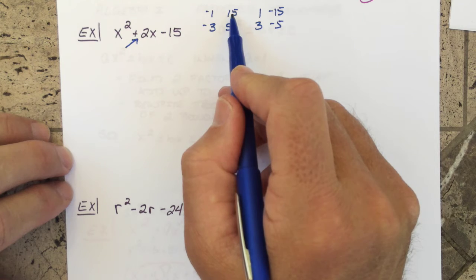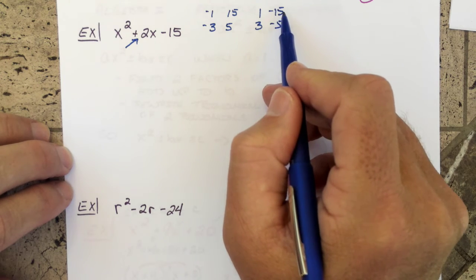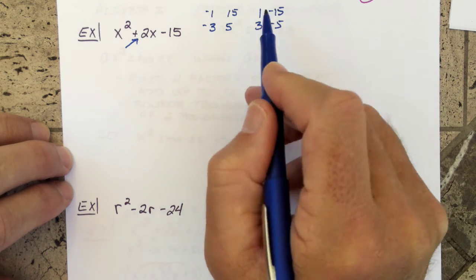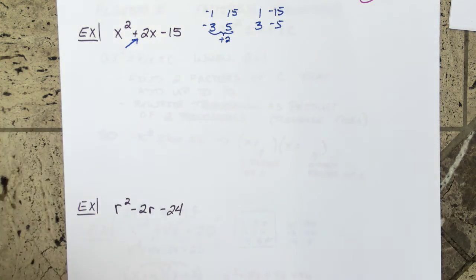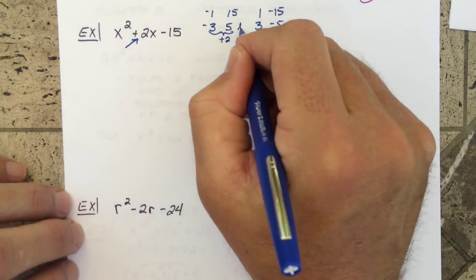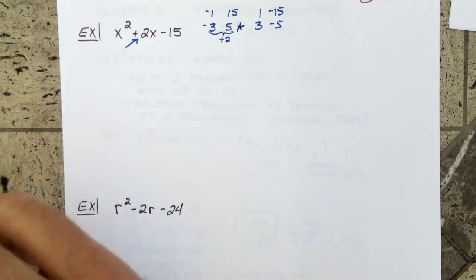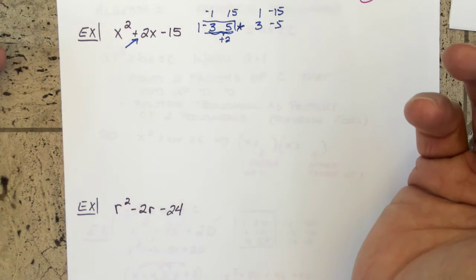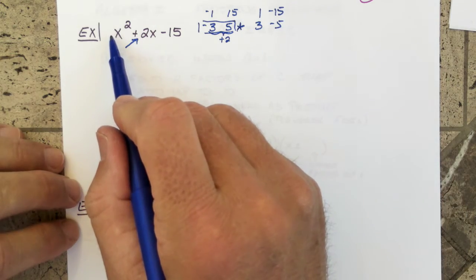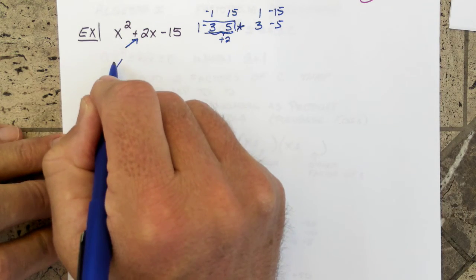No, that's 14. That's -14. That's -2. That gives us a positive 2 when we add them together. So this would be the pair that we will use. Same deal. A is 1, so that gives us the quantity of x.